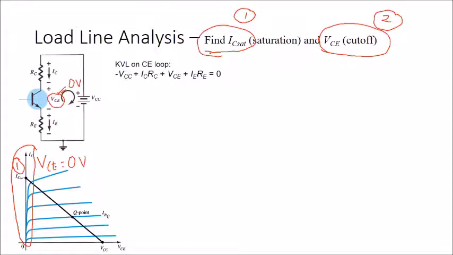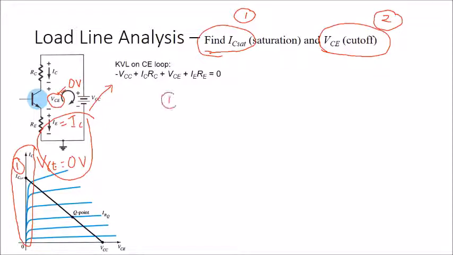So what happened to your current? There is no voltage drop at the VCE, so your IE will equal the IC because there is no voltage drop at the transistor. Using these two pieces of information, you have to substitute into this KVL equation for the output.